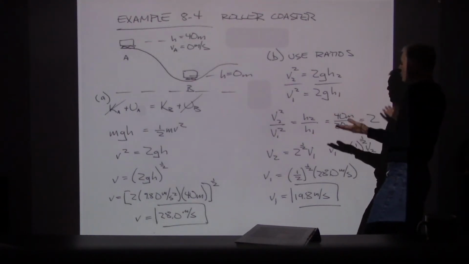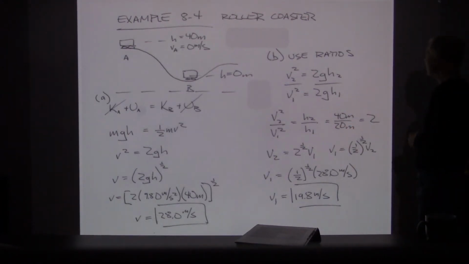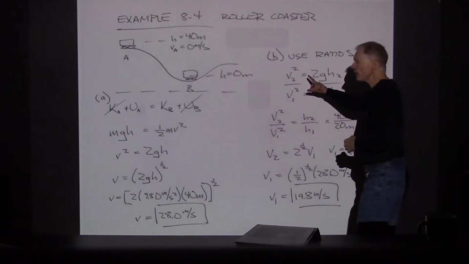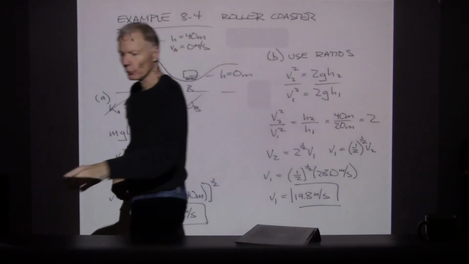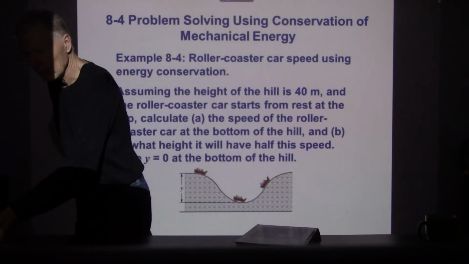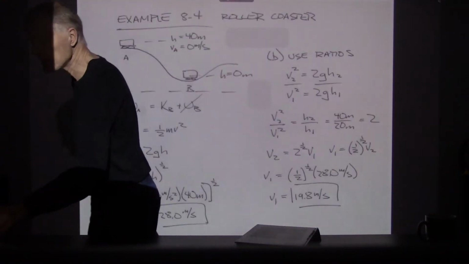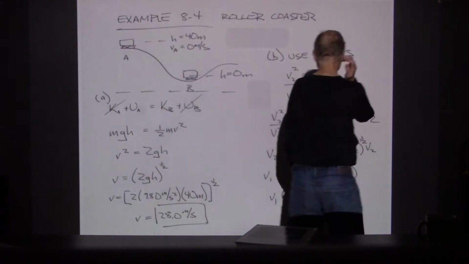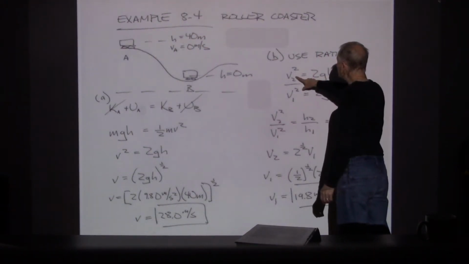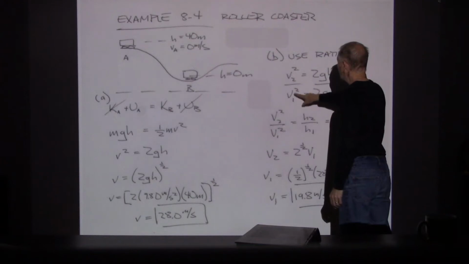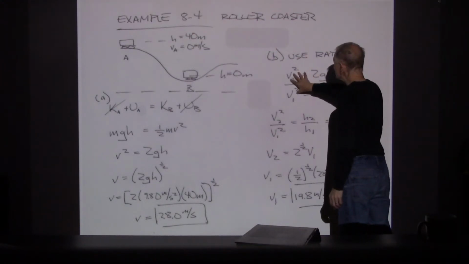Now, what I could do is this. What they said, if I go back and read it carefully now, at what height will it have half the speed? So the speed is half. All right, so I could say that V2 is 1/2 of V1, or this would give me a factor of 4 because it's squared.